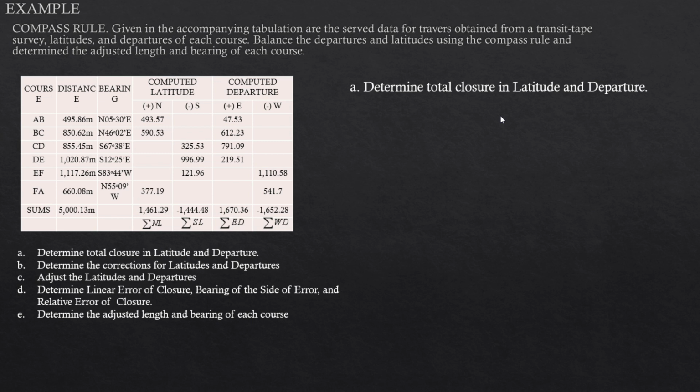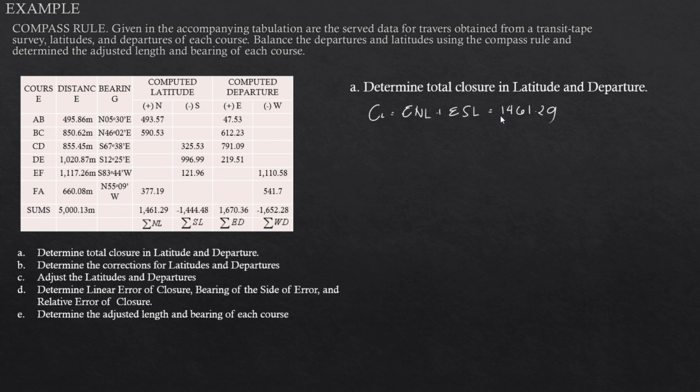So, CL natin ngayon is summation ng north and south latitude. So, NL plus summation ng south latitude. So, meron naman na tayo dito. So, meron tayong summation ng north latitude is 1,461.29. Ito siya.